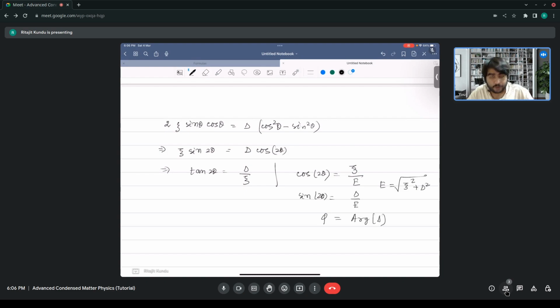So if I choose phi and theta in this fashion, then our Hamiltonian will be diagonalized.